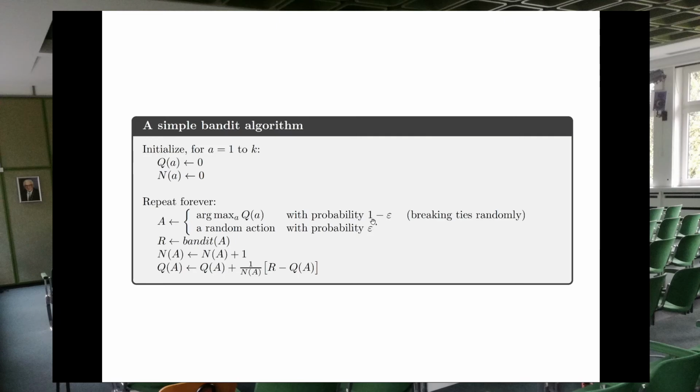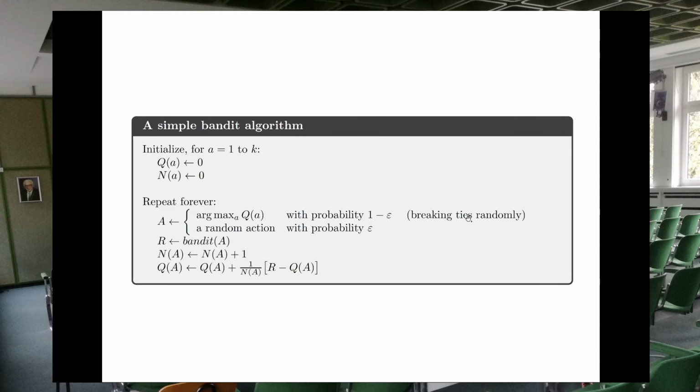So with probability 1 minus epsilon, you will select the greedy action. You will check in your array containing the Q values which of the actions contains the largest Q. If you are applying this the very first time, all of the actions will have a Q value of 0.